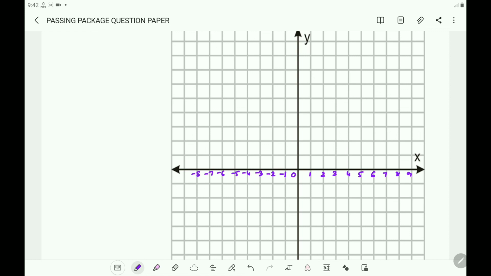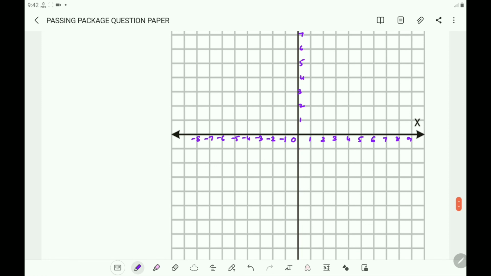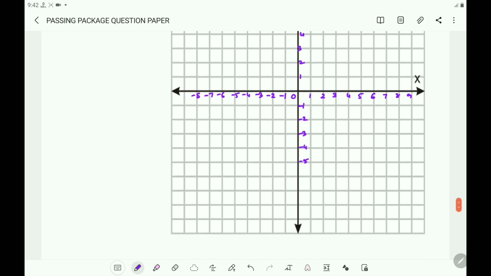And above the x-axis, you know that they are positive: 1, 2, 3, 4, 5, 6, 7, 8. And below the x-axis they are negative: minus 1 up to minus 8.